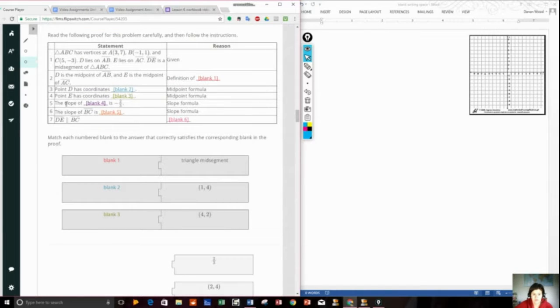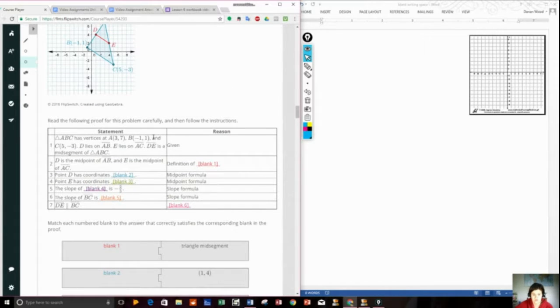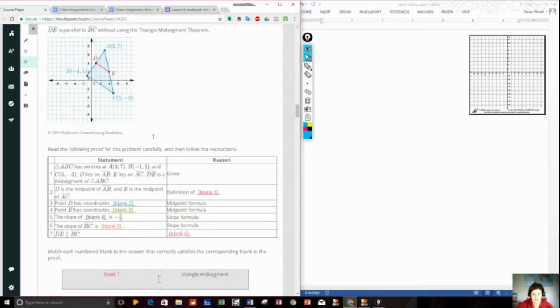Alright, blank 4. The slope of blank is -2/3. So we need to find the slope of a line, and scanning through, I noticed that statement 7 has the segment DE. So I'm going to look at segment DE and verify if the slope is in fact -2/3.